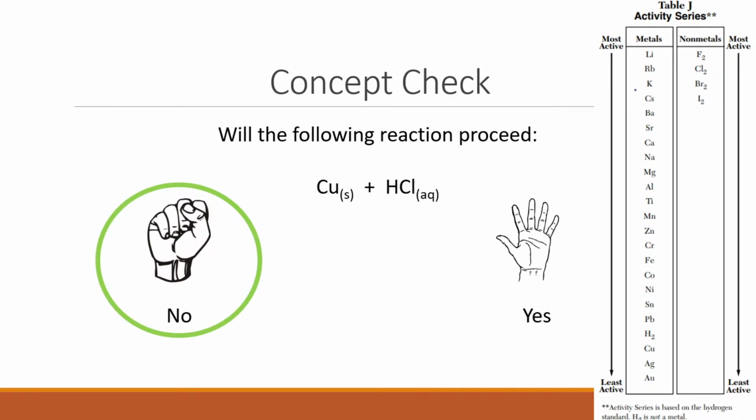Why are these the only nonmetals? Why are these the only metals listed? The answer there is because if we included all 118 elements, this would be a line that went down for 4 pages. These are the most common metals and nonmetals. The reference table is all selected information.